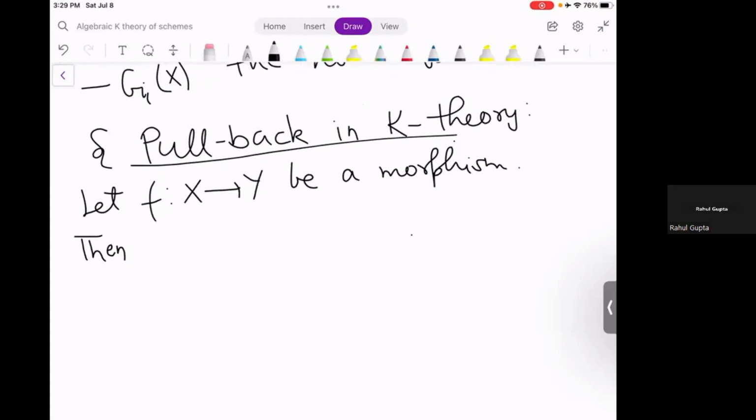Let me write what we want and then try to show why it is true. We want, for each i, there is a pullback.